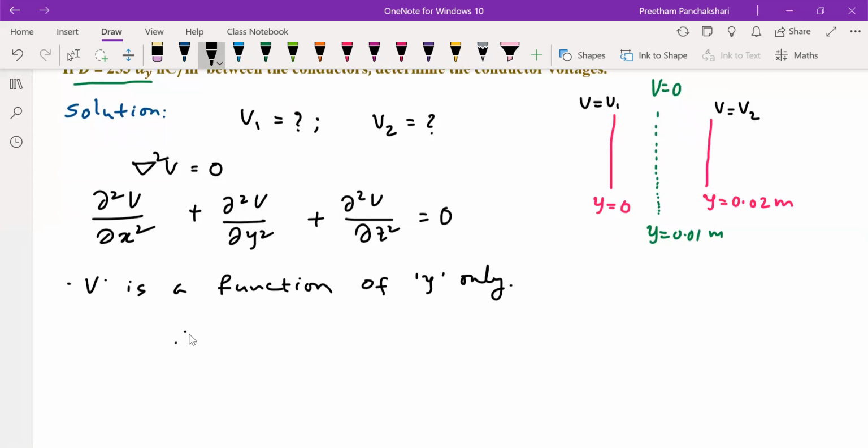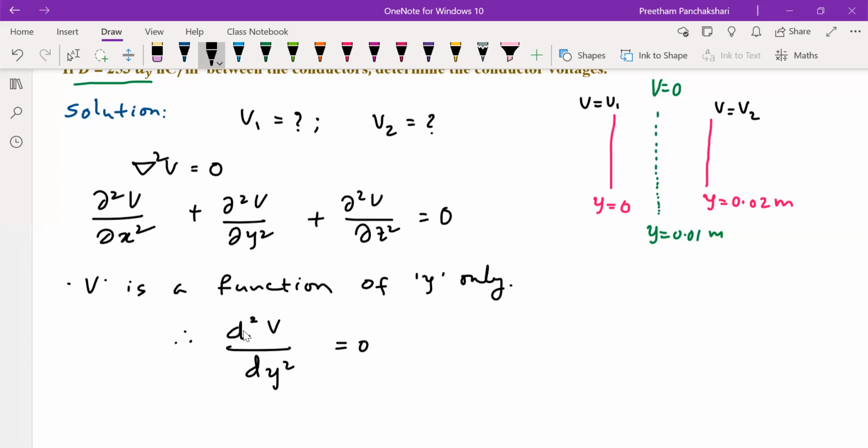Therefore, from the previous equation, only the middle term is enough. Del square V by dy square is enough. The first term and second term, that is del square V by del x square and del square V by del z square, are 0. So we have only one term in which potential V is present.